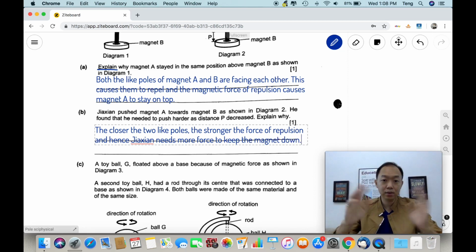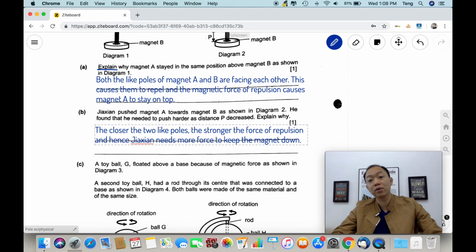That's it. Let's see if that is what they want. Magnetic force increase, experience a greater repulsive force. So the key is greater repulsive force. Just put it in. Greater repulsive force, and hence he needed more pushing force to keep it down.